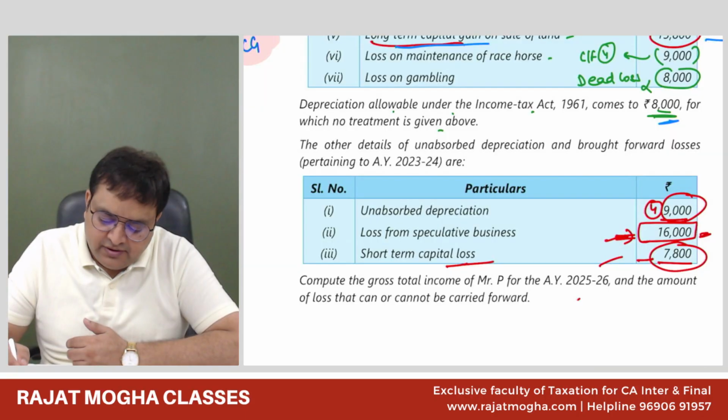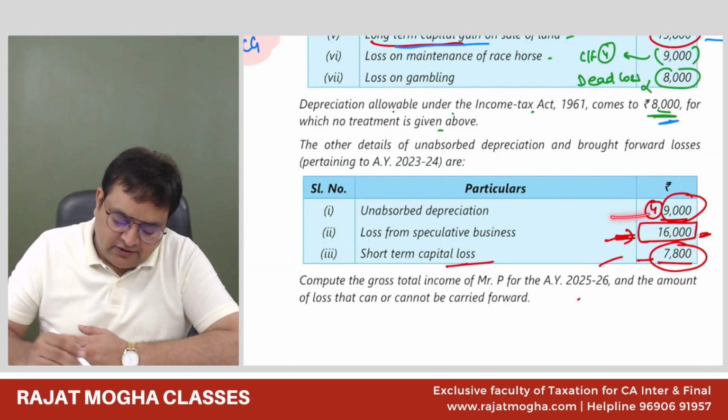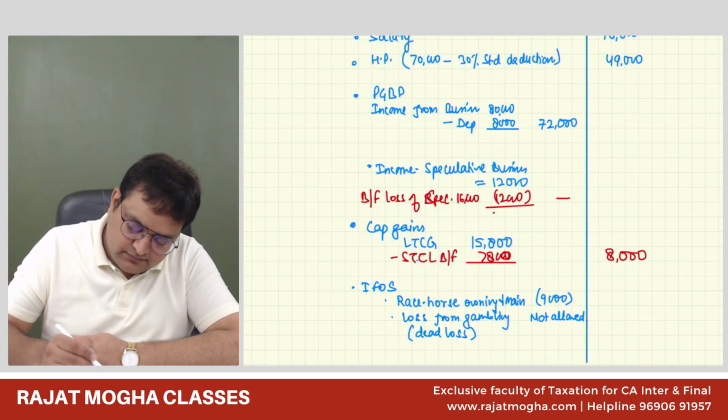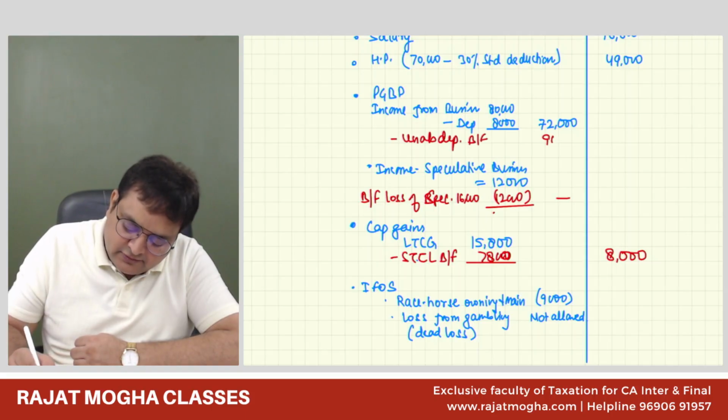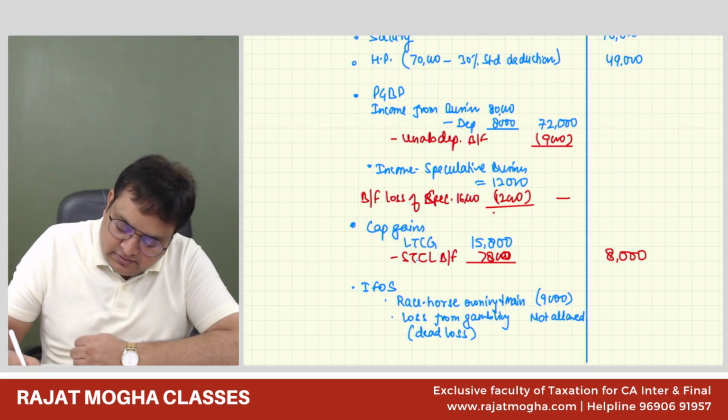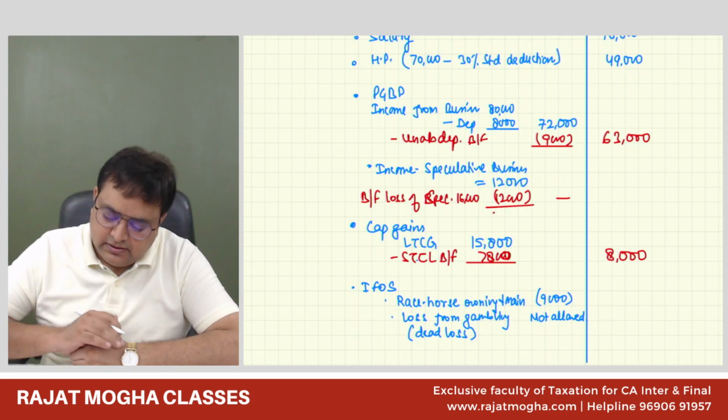So we have unabsorbed depreciation of 9,000 rupees, less unabsorbed depreciation brought forward. 9,000 will be set off from here. So it will become 63,000. Correct?